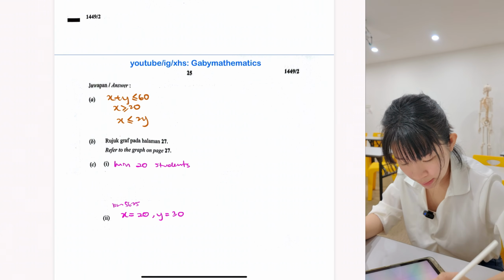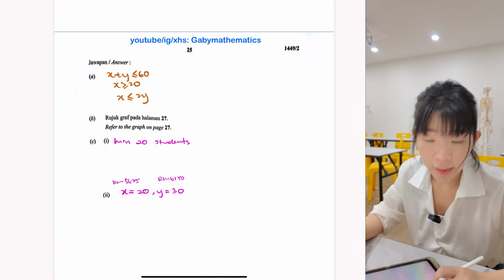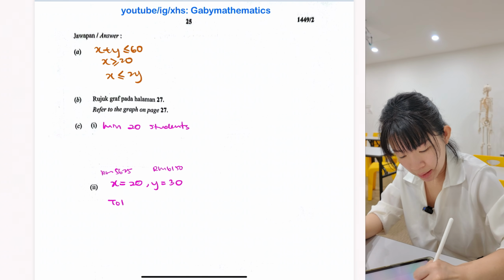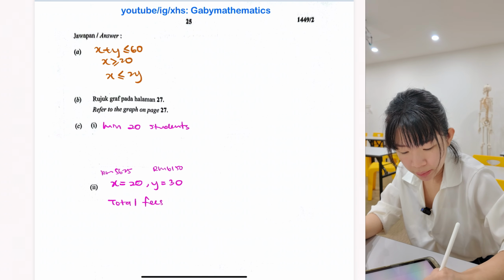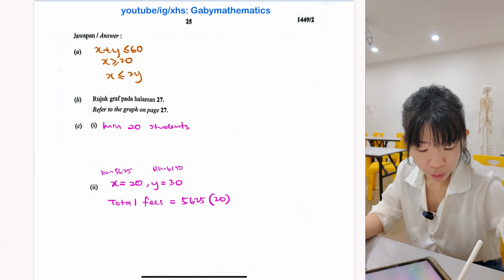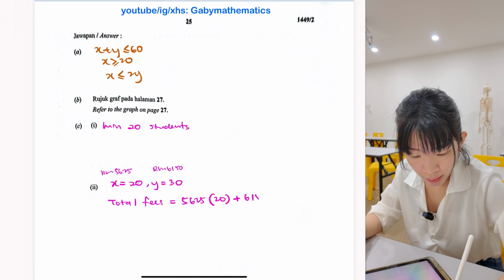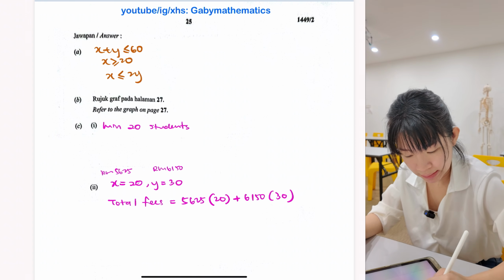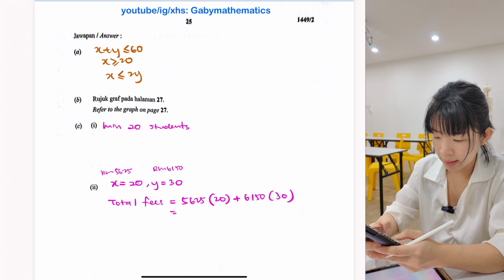Then y is 6,150, correct? Okay, so now we can find the total fees. So the total fees will be 5,625 times 20, we have 20 students, plus 6,150 times 30 students. Okay, so now add everything up.